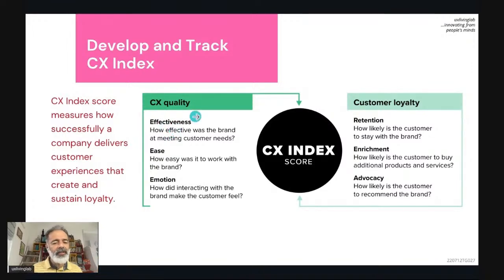So what is CX quality, what are the variables? The effectiveness. How effective was the brand at meeting customer needs? Customers have different needs. For example, you're talking about a washing machine.